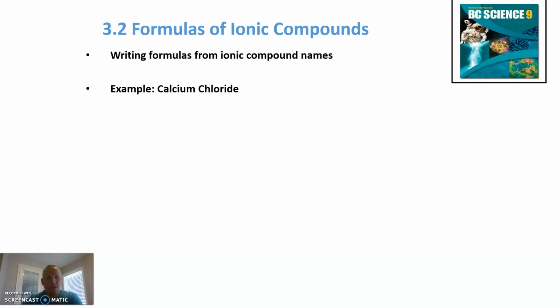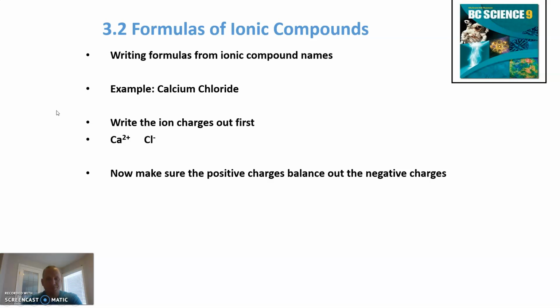So the first example we'll start with is calcium chloride. So like I said, the first thing you do, you write out the ion charges from the periodic table. So the ion charge of calcium is Ca2+, chlorine is Cl-. So just looking at these, they don't balance.